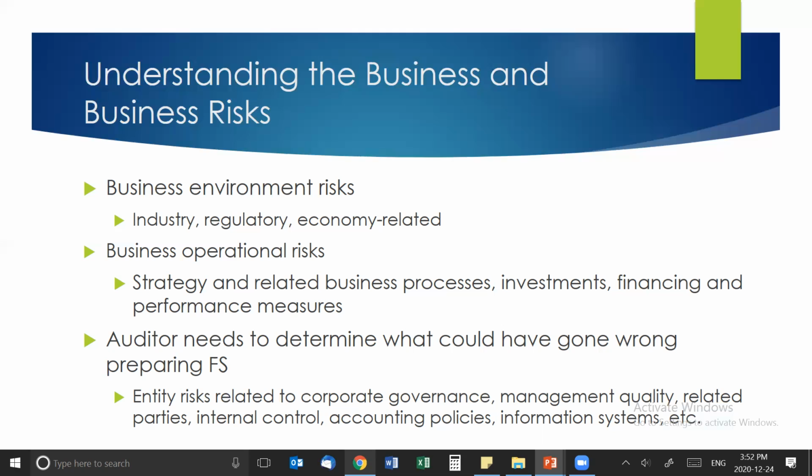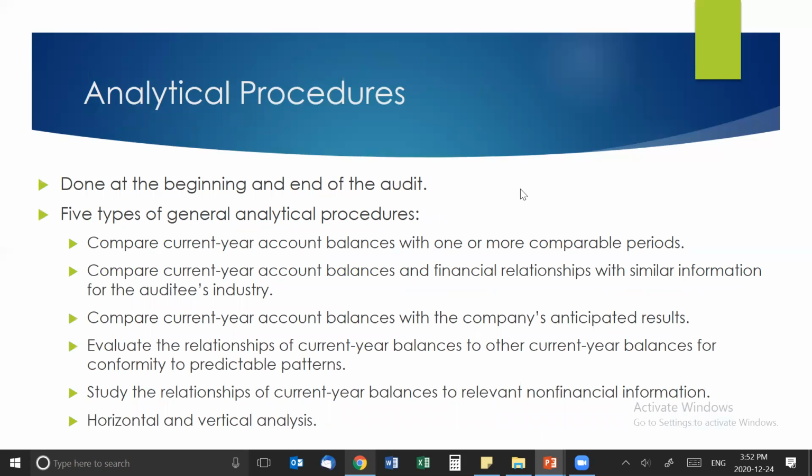Is everything connected so it can output the financial statements? Or are things done more on Excel, for example, without an information system? You want to look at all of that to determine the risk that there could be material misstatements in the financial statements.